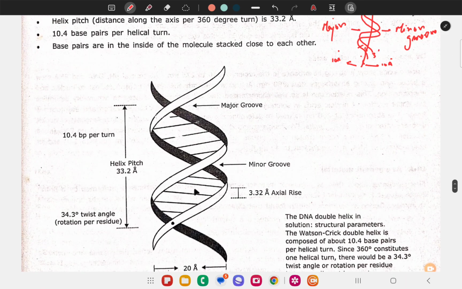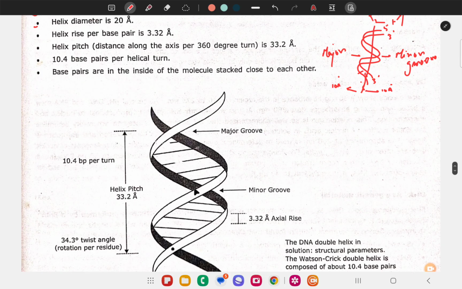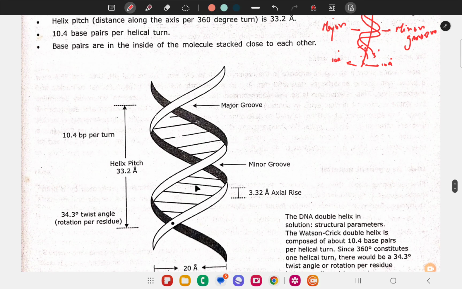Here is the correct structure of DNA. These are the two strands of the DNA helix and this is the central axis. Here 5' to 3' and 3' to 5', an antiparallel structure. This is called the minor groove, this is called the major groove, and the major and minor grooves make a complete turn.